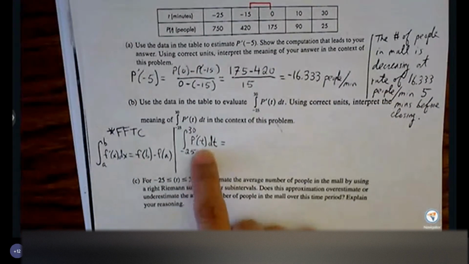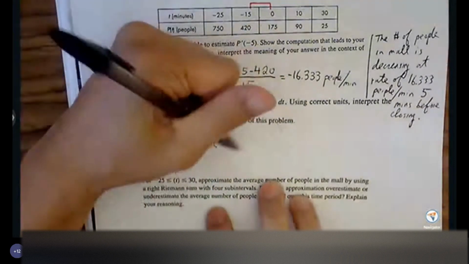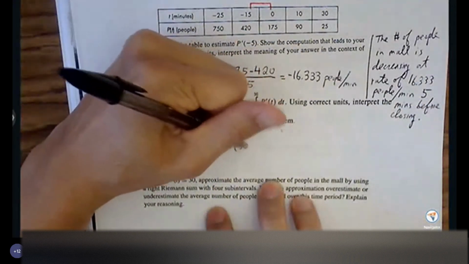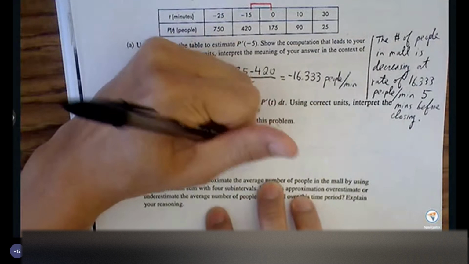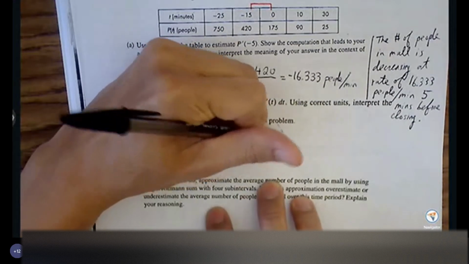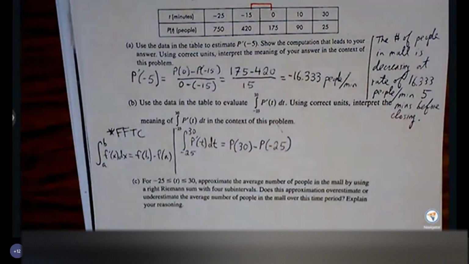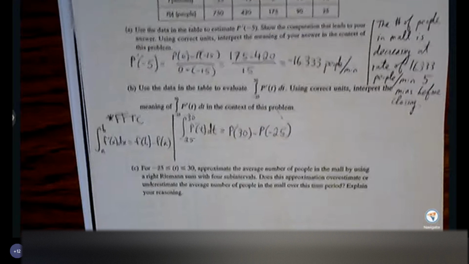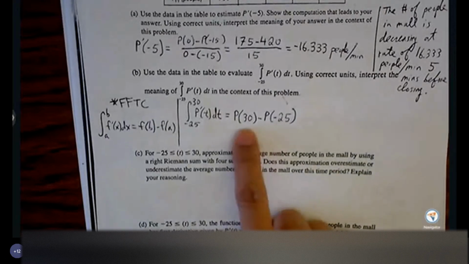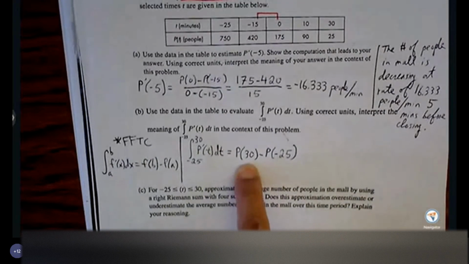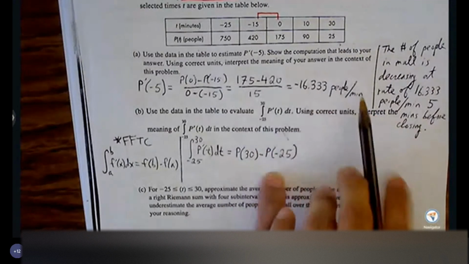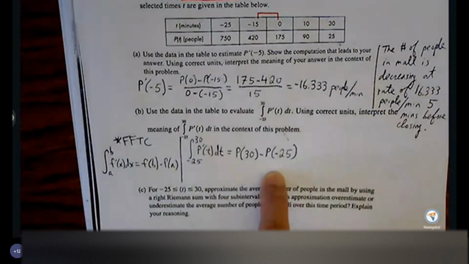So the integral of P prime becomes P of t, and then we can work in our upper and lower bounds. So let's see what this gives us. P of 30 is 25. P of negative 25 is 750.